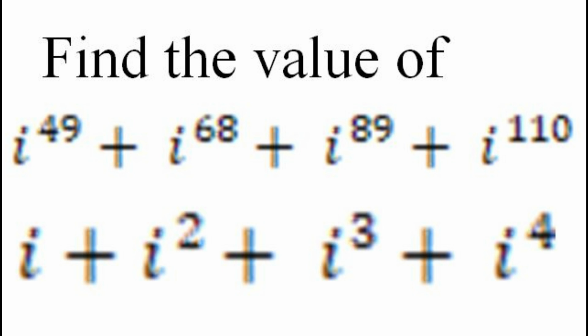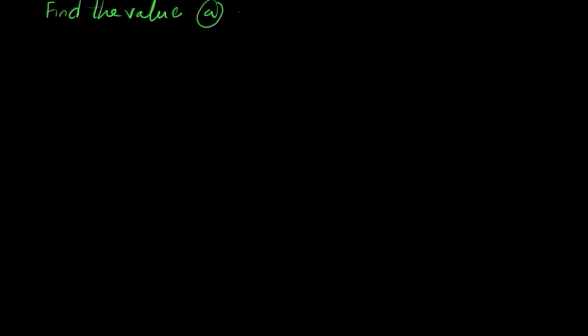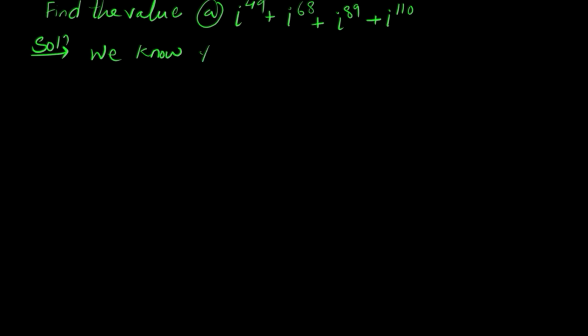Next: i raised to 49 plus i raised to 68 plus i raised to 89 plus i raised to 110. Solution. We know that i square is equal to minus 1, i cube is equal to minus i, and i raised to 4 is equal to 1.